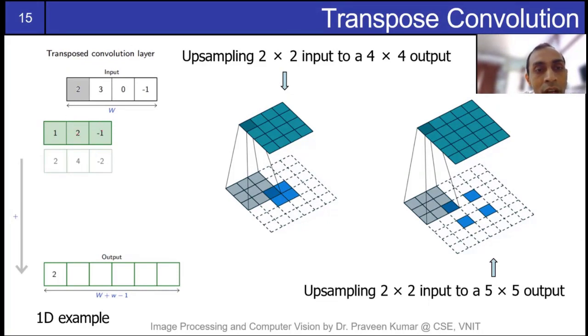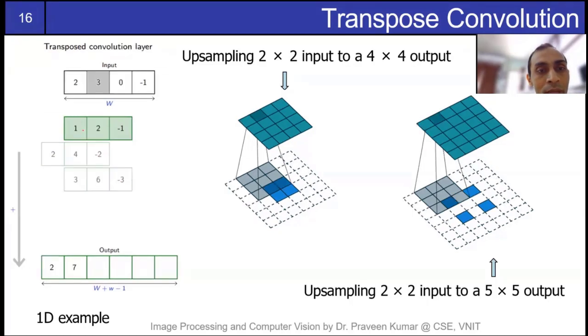In a transpose convolution, we slide this kernel along the input. We start from this location and do a convolution operation. So 2 into 1, we get 2, 2 into 2, 4, 2 into 1, minus 1, minus 2. So we get one output here.